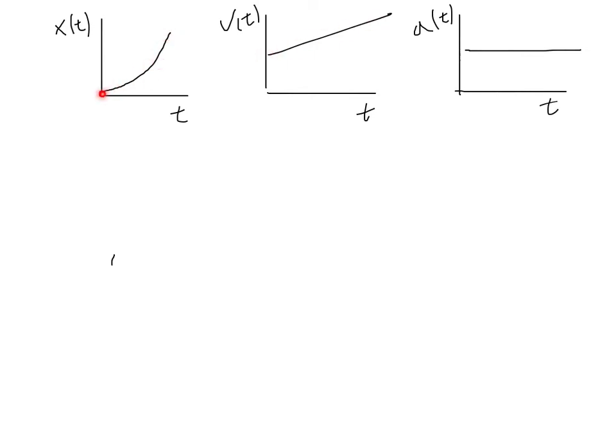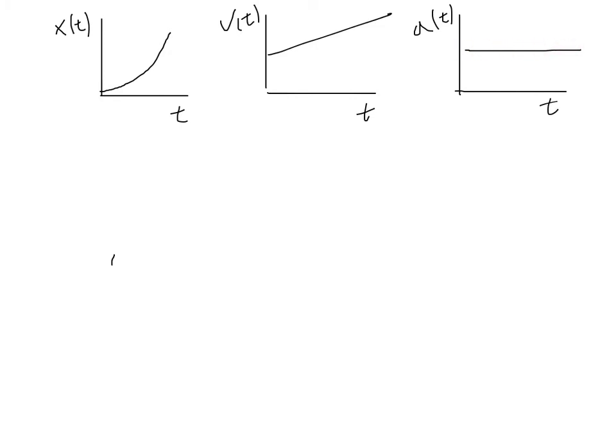So if you're given a position versus time graph, you take its derivative to get its velocity. And the slope of a velocity versus time graph is acceleration. So what I've drawn is graphs for constant acceleration. That's why I have a horizontal line here.